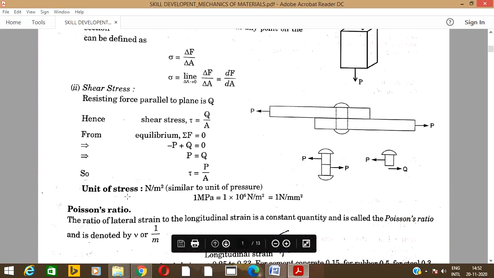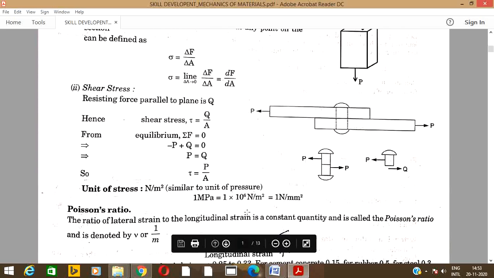The unit of stress is Newton per meter square, similar to the unit of pressure. Here 1 megapascal is equal to 1 into 10 to the power of 6 Newton per meter square. You know that mega is 10 to the power of 6. If you are converting into Newton per millimeter square, you have to divide by 1000 into 1000.